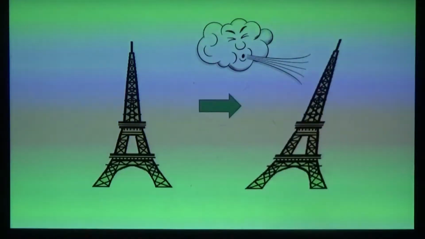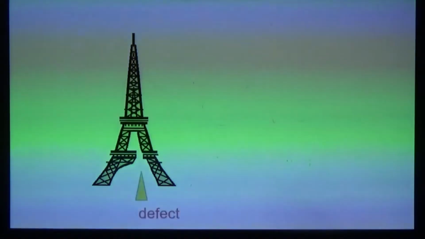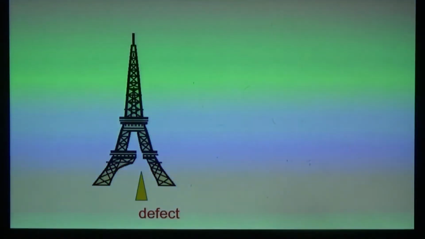First, let me explain the basic idea of the study. Suppose we have a very high tower. When strong forces work on the tower, it might bend to some extent. But let's assume a part of the tower is lost for some reason, and the tower becomes asymmetrical.